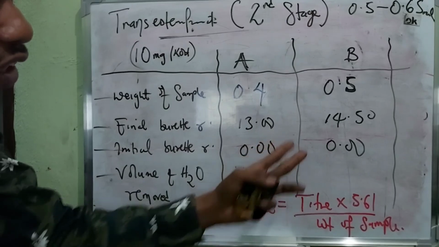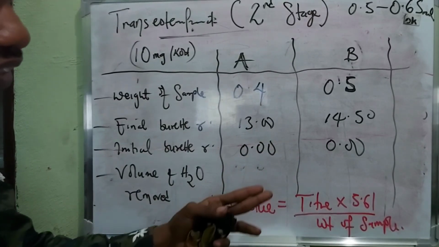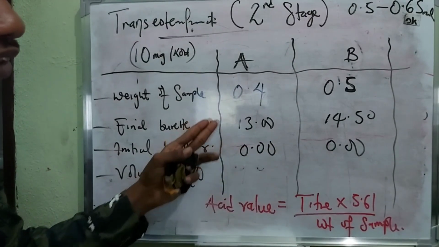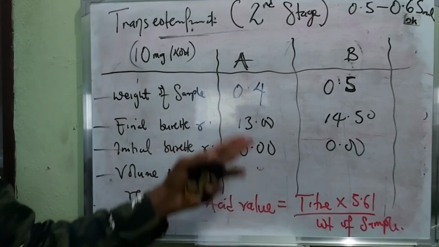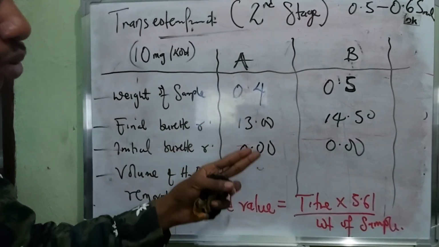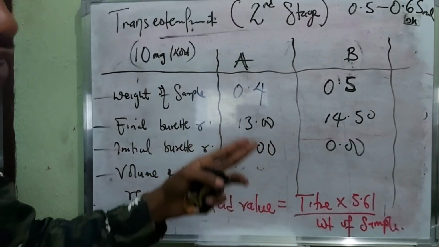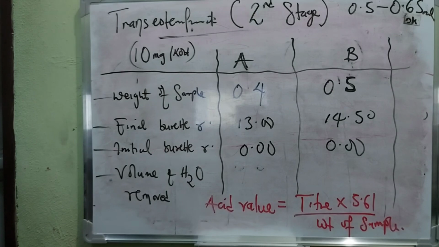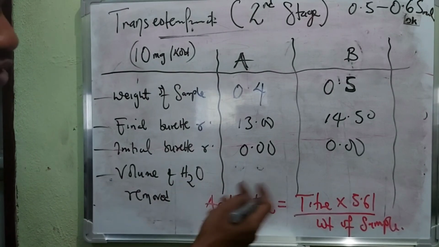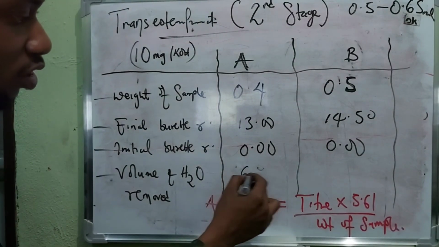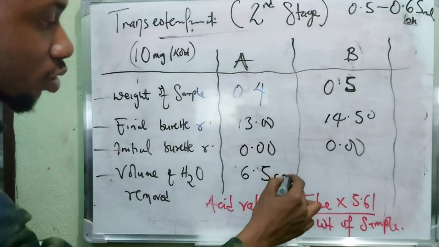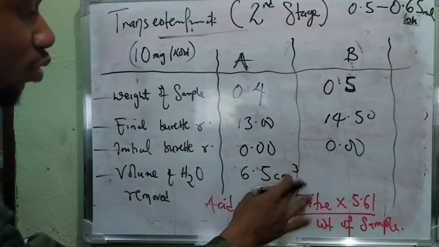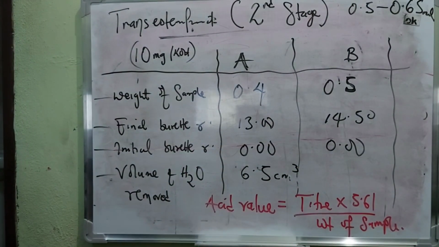Then finally you take an average to get the exact acid value at 0 minutes, at 30 minutes, at 60 minutes, till maybe 240 minutes or thereabouts, till the acid value drops to 10 milligram KOH per gram. Then your volume of water probably could have been 6.5 centimeter cube or 6.5 mL, depending on the time you're working on.